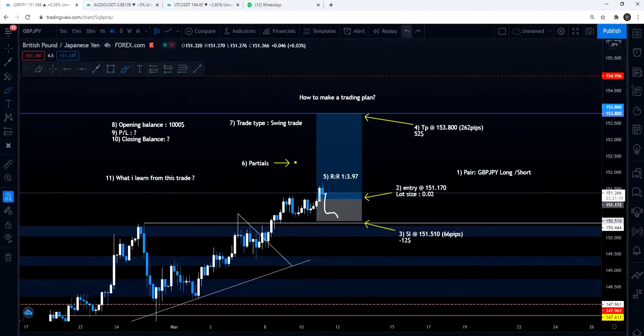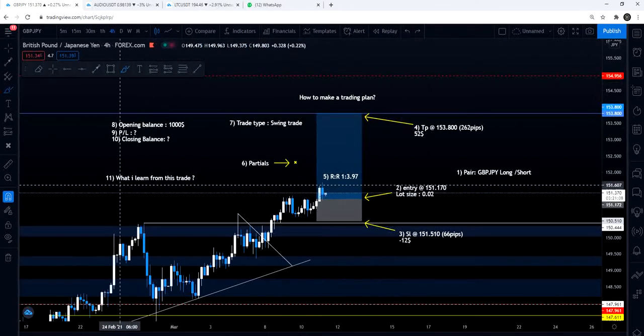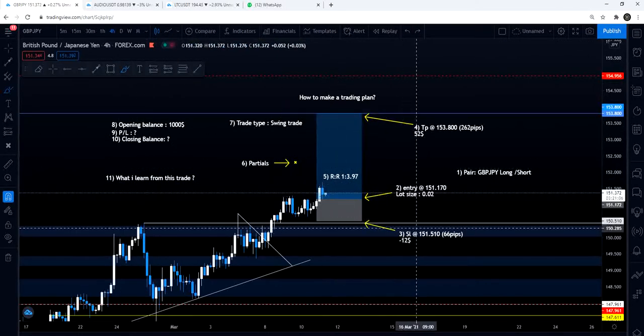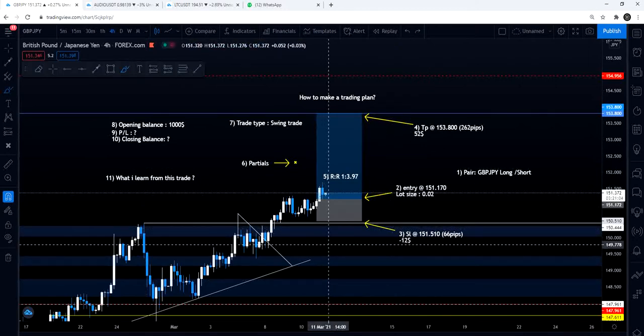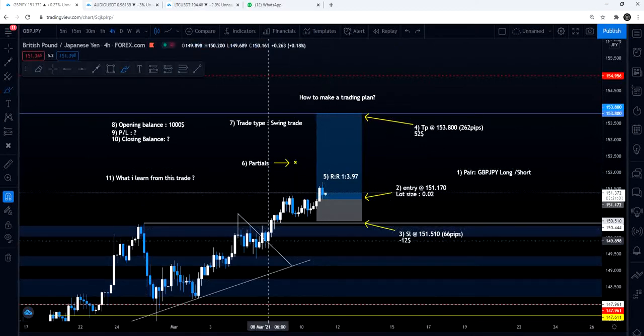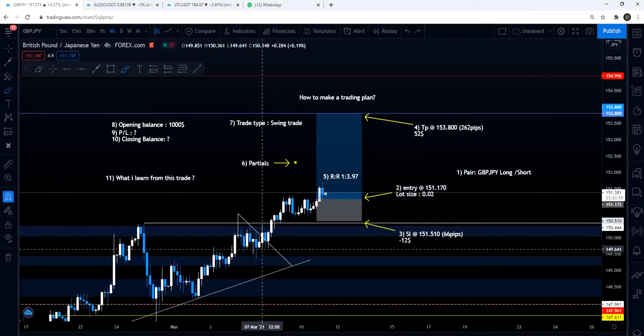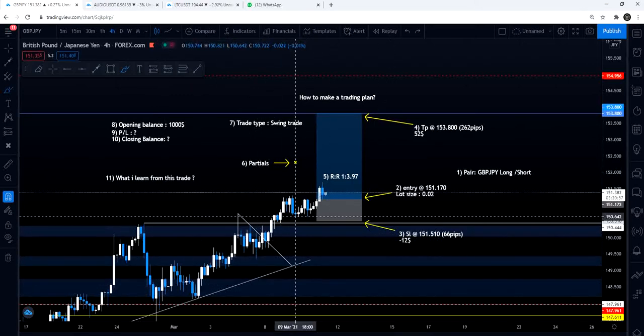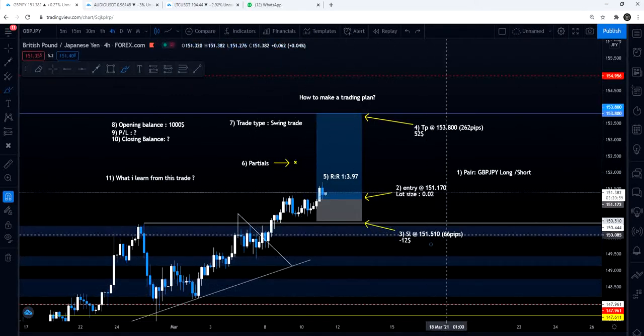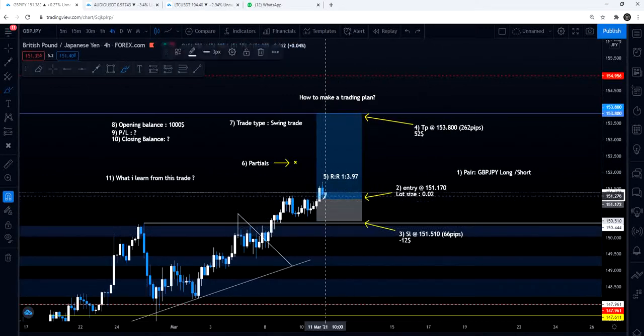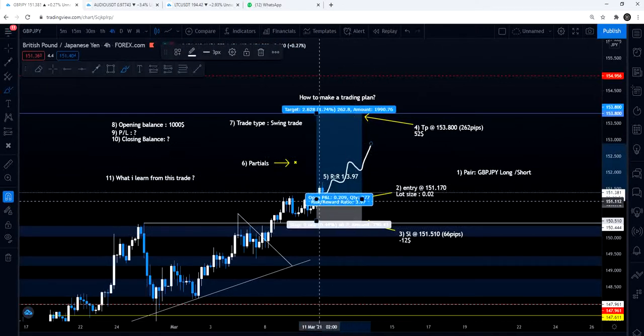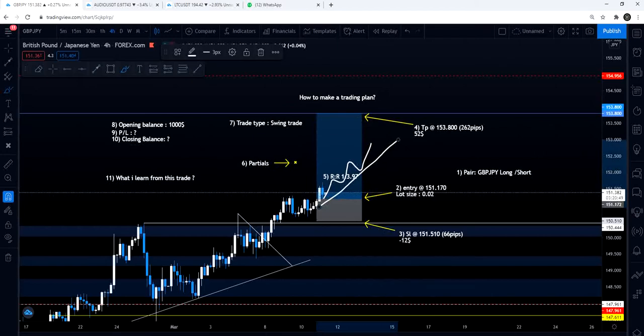So basically, it is very important to make a note after closing your trade, whether it is positive or negative. That means you won or you lost this trade. During this trade, what was your psychology? If the trade is going according to your trading plan, how was your behavior?